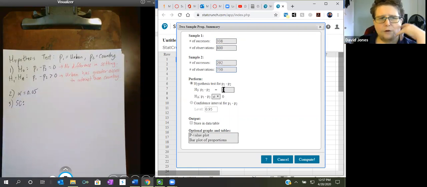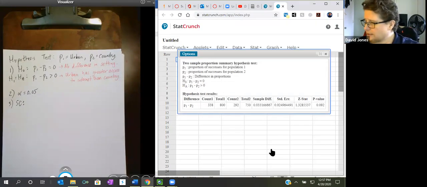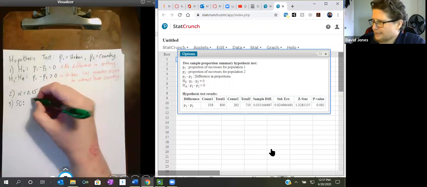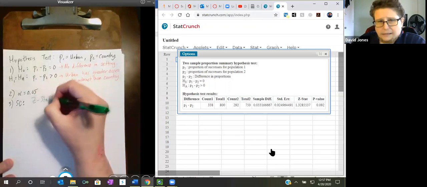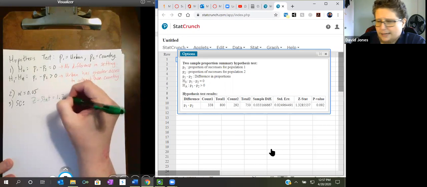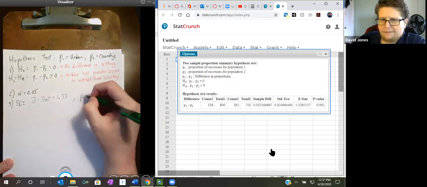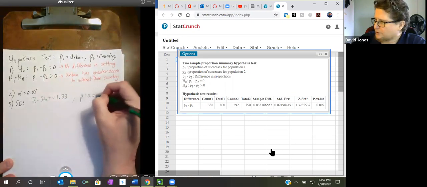I'm going to leave P1 minus P2 equals 0, and I'm going to change this to be greater than. I click compute, and it gives me the following information. It tells me my Z-stat is 1.33. My p-value is 0.092.